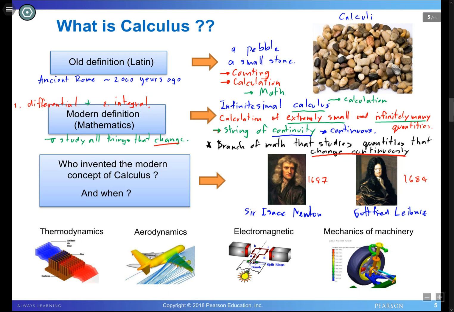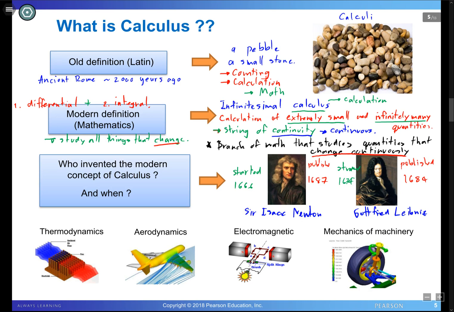Newton started in 1666, but Leibniz started his work in 1674. Let me write this down: published, and this published.